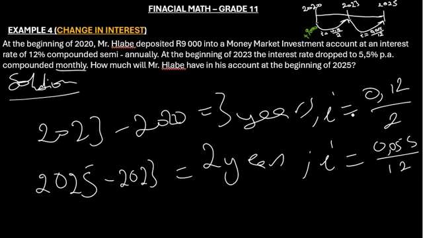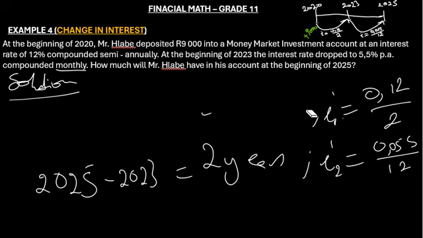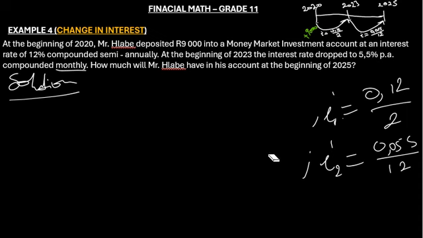So let's keep our i values. Let me say this is i1 and this is i2. We know that we have the first 3 years, then we have the last 2 years.